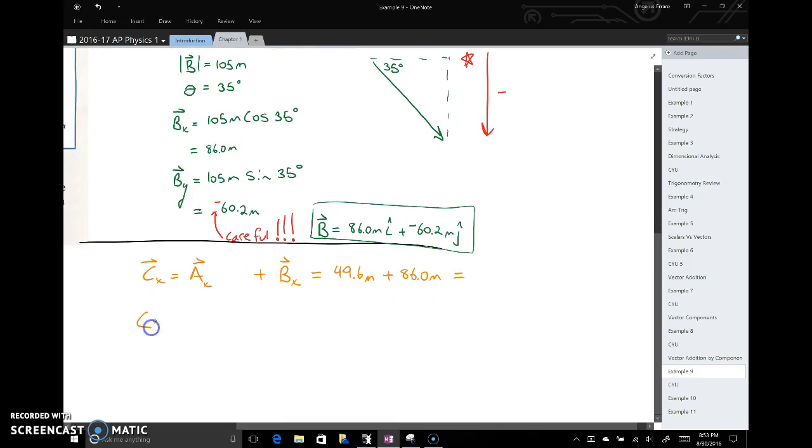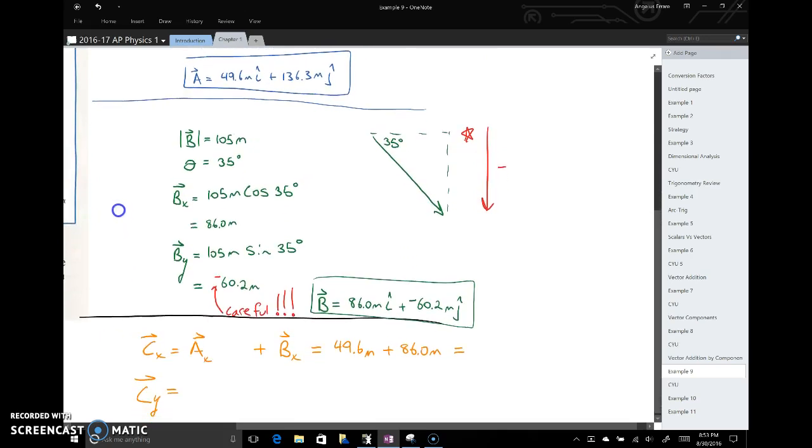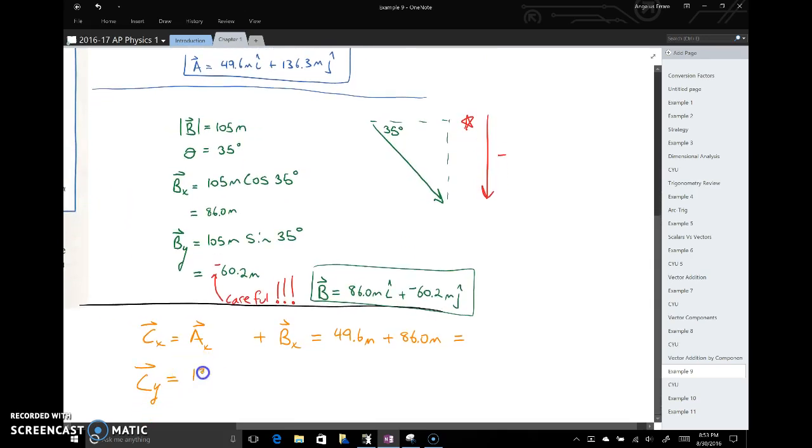And we can get the y component. With the y component of A, which is 136.3.